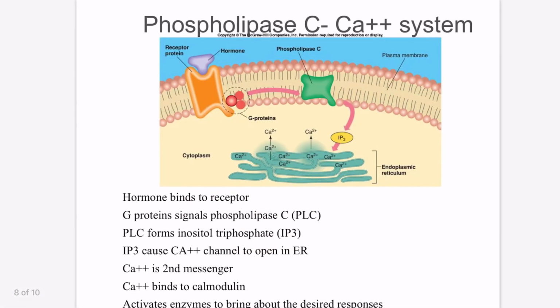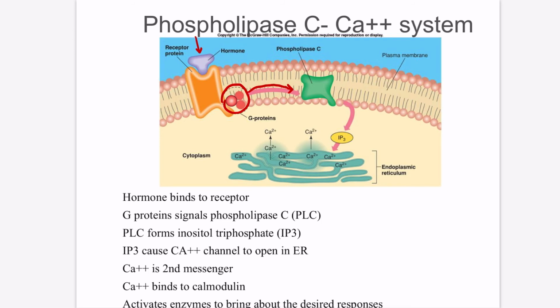Next, we have a system called the phospholipase C calcium system. So again, we have that hormone attaching to receptor protein with the G protein subunits going to dissociate and then activate phospholipase C, PLC.